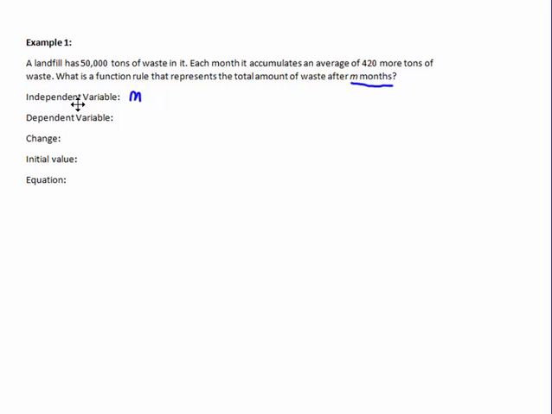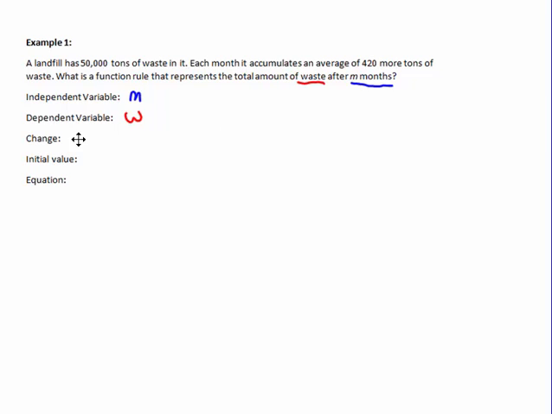Now my dependent variable, what are we looking for? Waste. So my dependent variable is waste, and I'm going to call that W. Now, what is my change? For every 1 unit, here we're looking at months. So after 1 month, what happens? We add 420 tons.